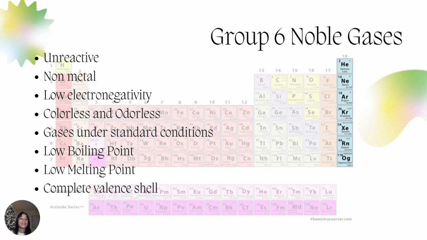Again, they're gases with low electronegativity, colorless and odorless gases under standard conditions. So again, not metals, low boiling points, low melting points, and they have a complete valence shell, which we will talk about in the next lesson, but that's an important note, so you guys can star that. That will be awesome.